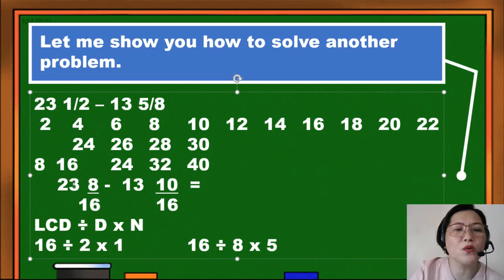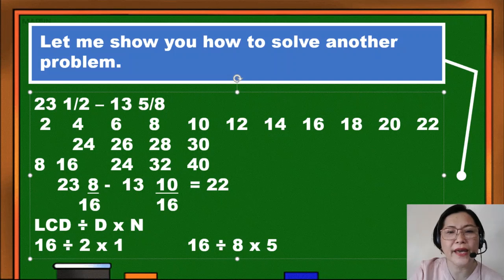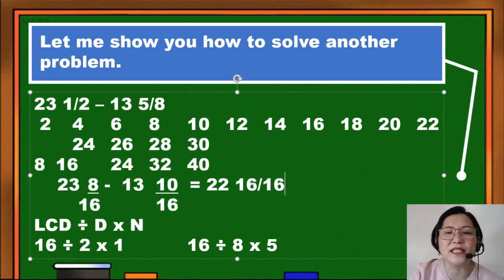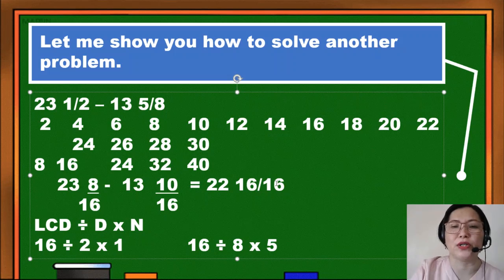So since you will borrow 1 whole from 23, 23 will become 22, and you will have 16/16. Where did 16/16 come from? It came from the 1 whole that you borrowed from 23. Because remember, 1 whole is equivalent to a numerator and a denominator that are the same. So this will become 22 and 16/16.